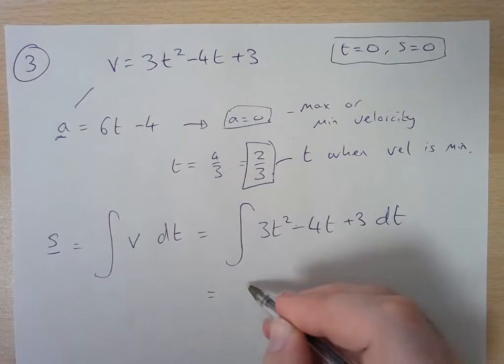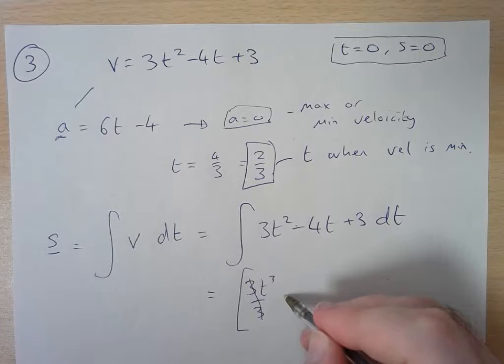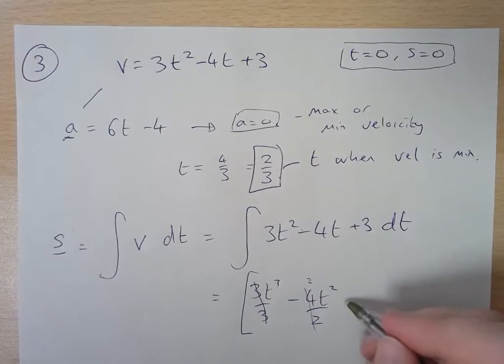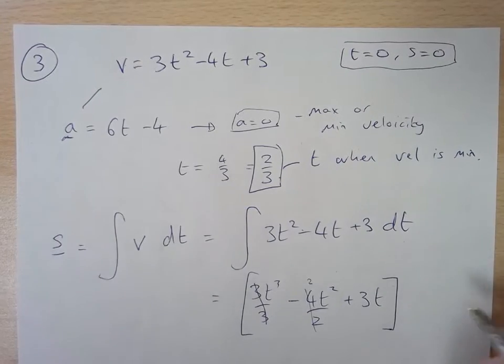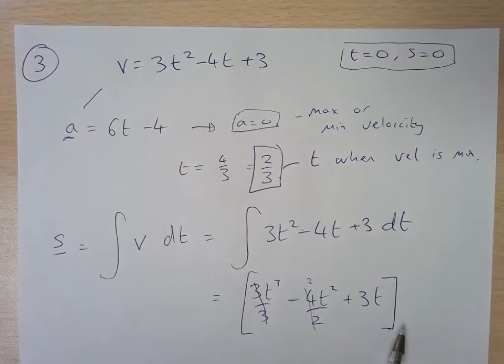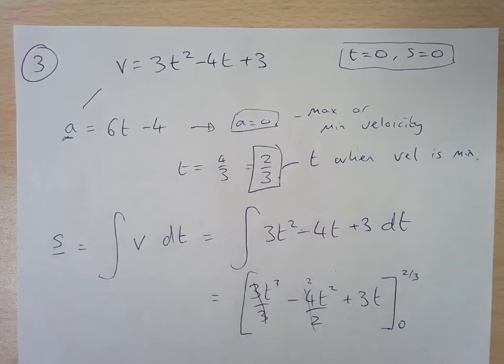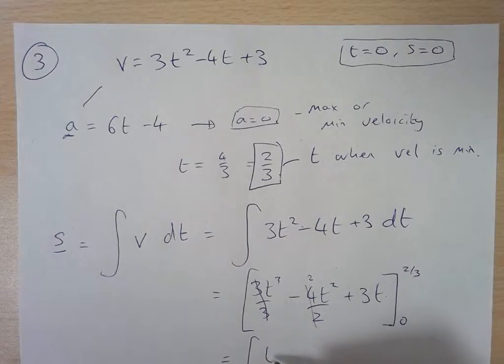So we get 3t cubed over 3, and these cancel, minus 4t squared over 2, and we can cancel these, plus 3t. And we know we're going to be putting limits in here, and our limits are going to be 0 from when it's at the origin, and 2/3 for here. So we actually don't need a plus c for here, because the plus c will cancel out between the 2 points. So tidying this up, we get t cubed minus 2t squared plus 3t between 0 and 2/3.